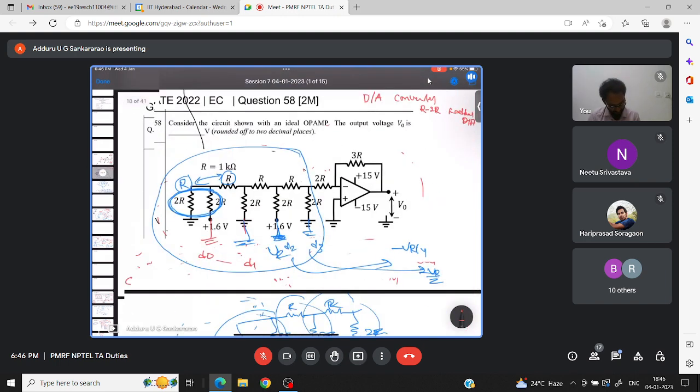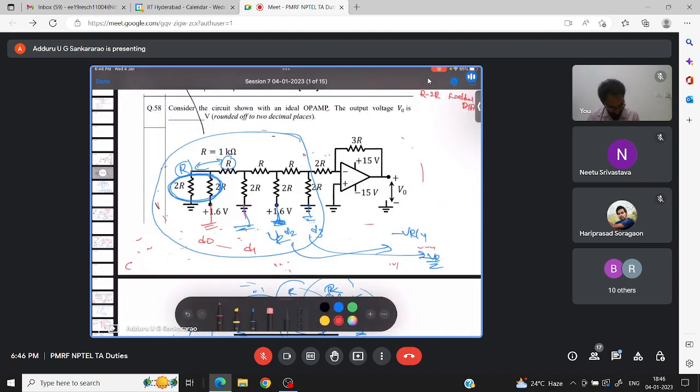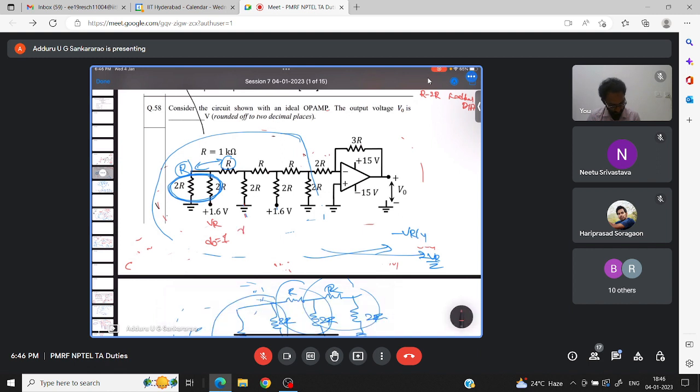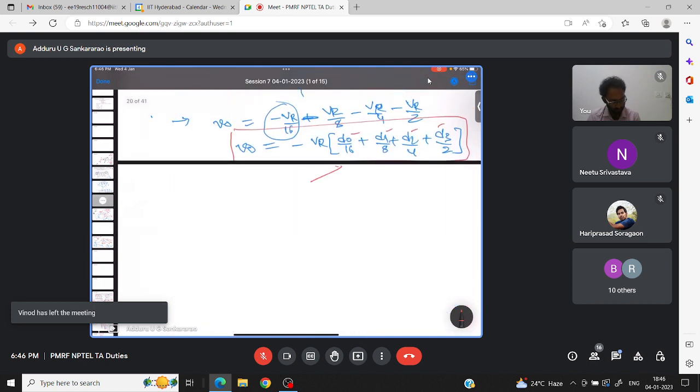If you see in the given circuit, what are connected to ground and what are connected to VR? Here VR is 1.6. D0 is 1 since it is connected to 1.6, D1 is connected to ground, that means 0, D2 is connected to 1.6, and D3 is connected to ground, 0. That means you can directly replace.